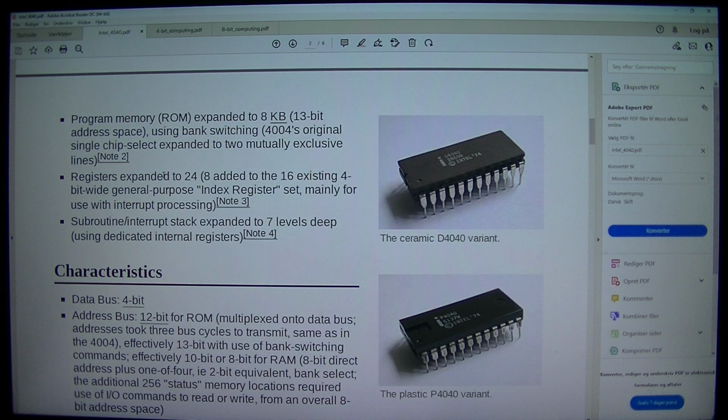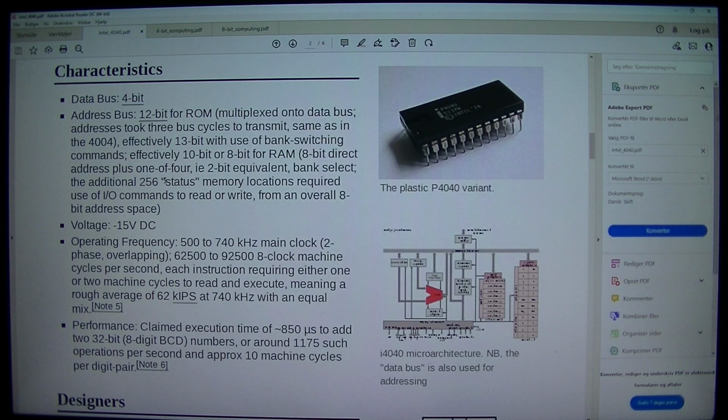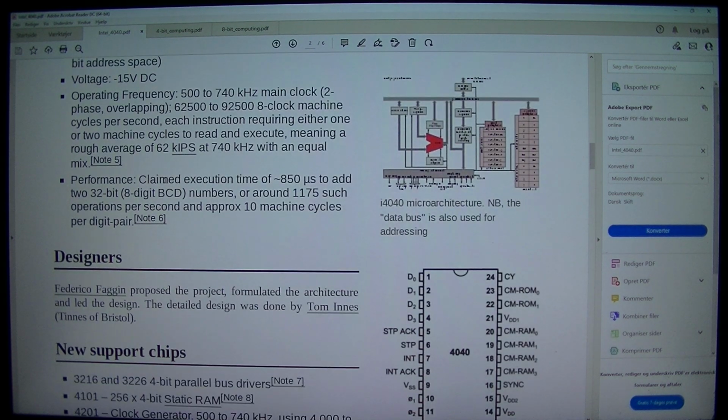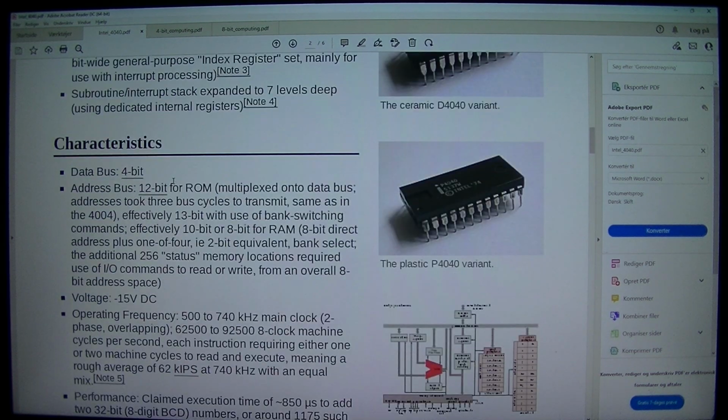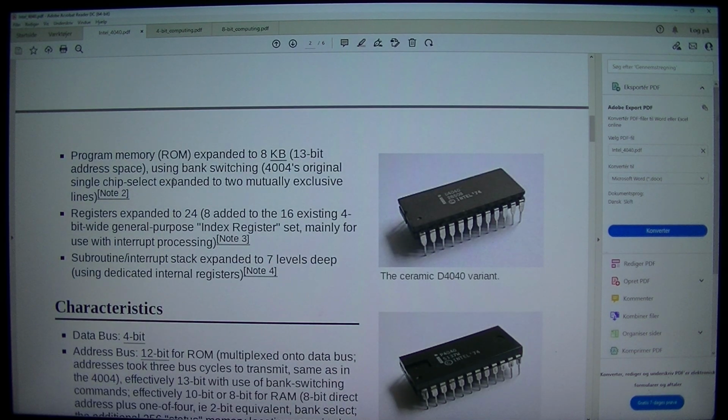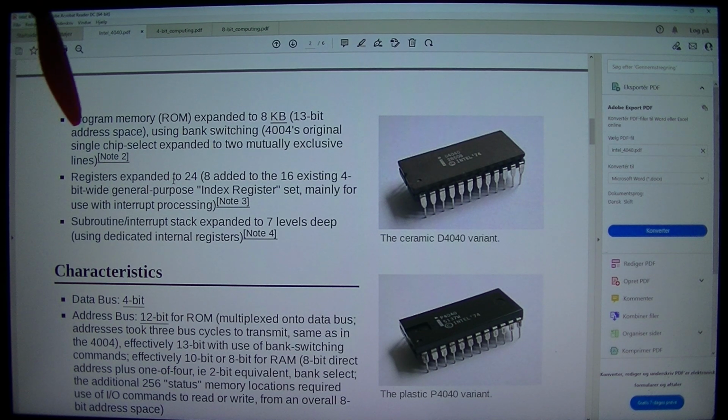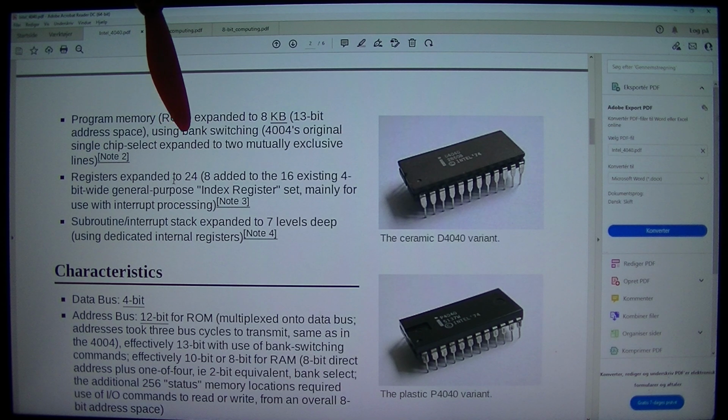I4040 microarchitecture. Note: the data bus is also used for addressing. Intel 4040 DIP chip pinout. Intel 4040 registers. Program memory, ROM, expanded to 8 kilobytes, 13-bit address space, using bank switching.